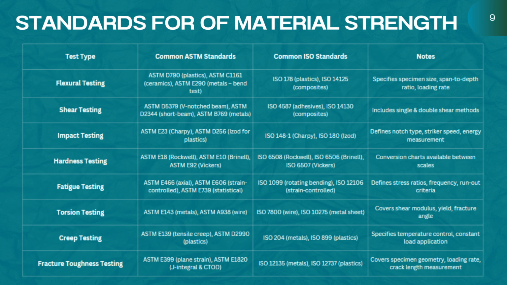Impact testing follows ASTM E23 and ISO 148-1 for notch type and striker speed. Hardness testing uses ASTM E18 and ISO 6508 with conversion charts between hardness scales. The same applies to the other test types listed here. This table acts as your quick reference for the standards to comply with.